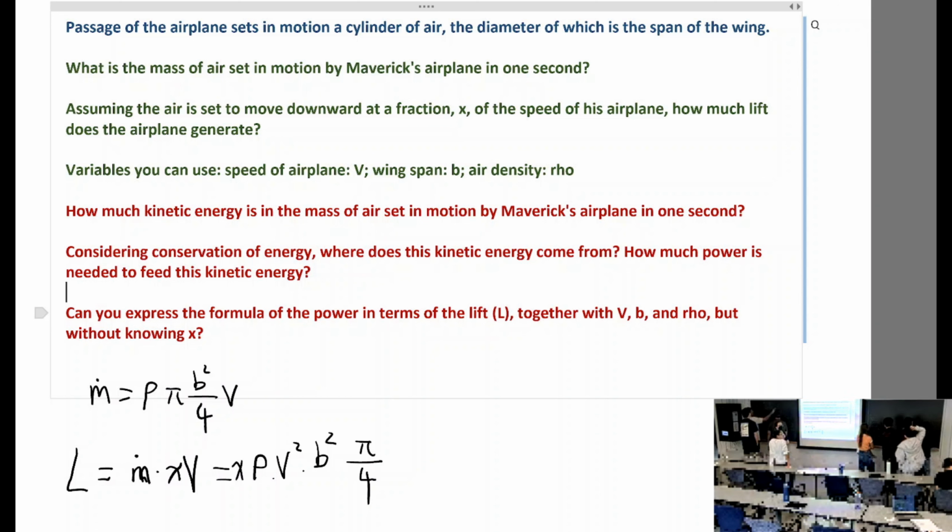Oh, but there is still X. Right. So this is the relation between L and X. And just divide everything. Oh, yeah. No, kilogram meters per second squared.